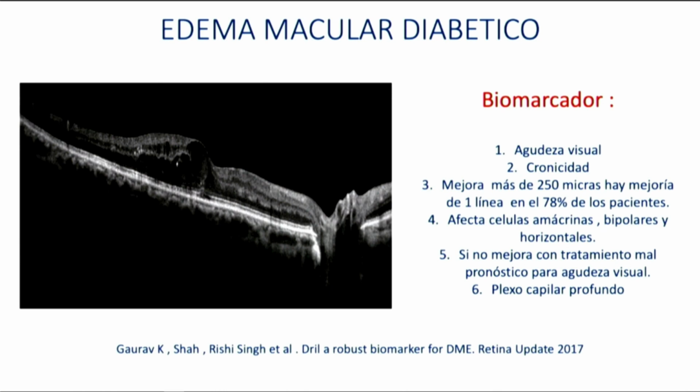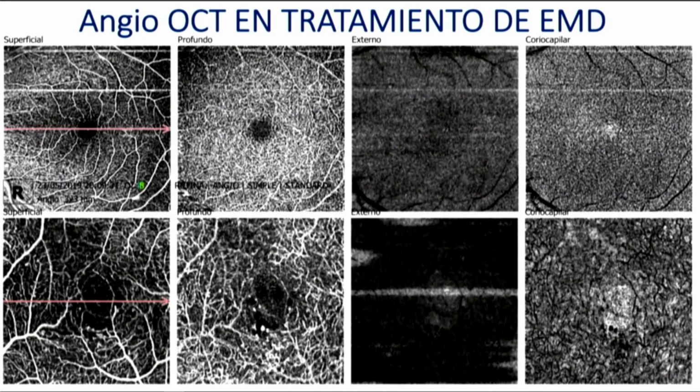And in diabetic macular edema, when we have disorganization of the external layers of the retina, we need to assess the deep vascular plexus because there might be changes there. And in the presence of changes, since 2017, Dr. Lee in an ASRS meeting mentioned that when we have any such changes in the deep vascular plexus because of macular edema and diabetic retinopathy, these patients may not have a good anti-angiogenic response.